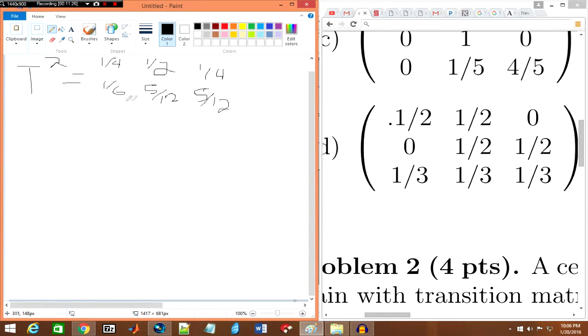If you can't tell, this is kind of boring to me, but you know, I figure someone might benefit from it. 5/18, 4/9, and 5/18.